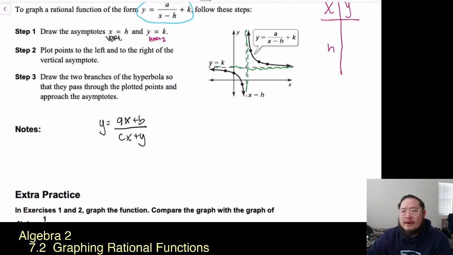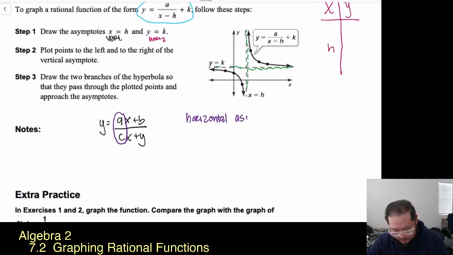And right here, I'm going to circle a and c. That right there is your horizontal asymptote. More specifically, y is equal to a over c.